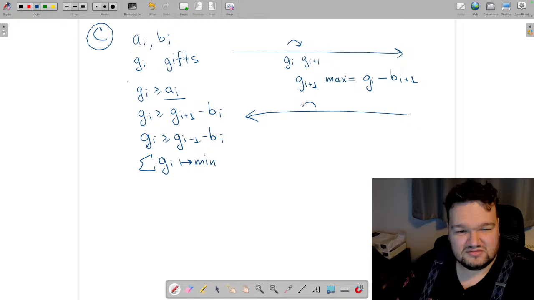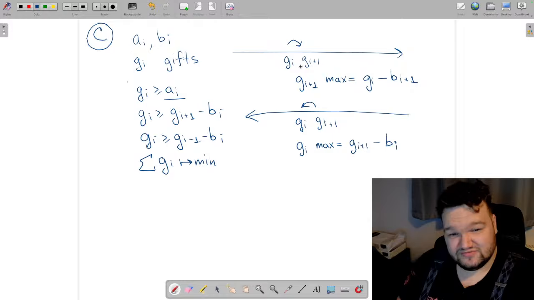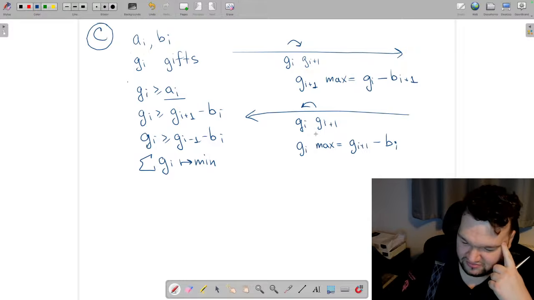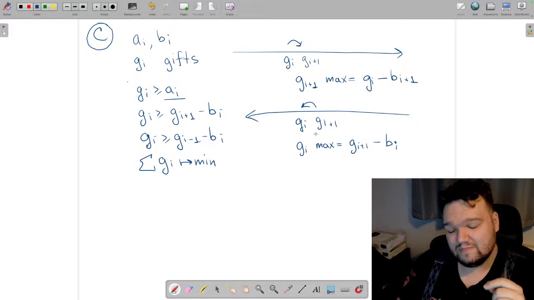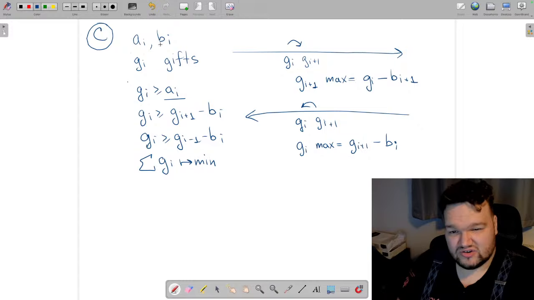So gi is max equal gi plus 1 minus bi. And after we do those two passes, actually we are done. Every child will be satisfied after that. And that is true because all of our bi are non-negative.